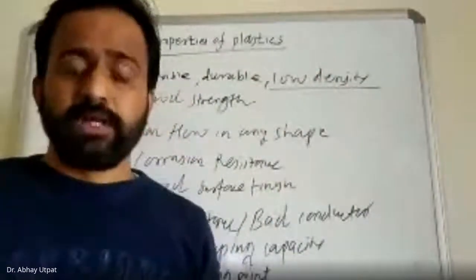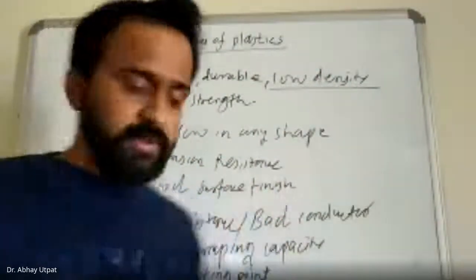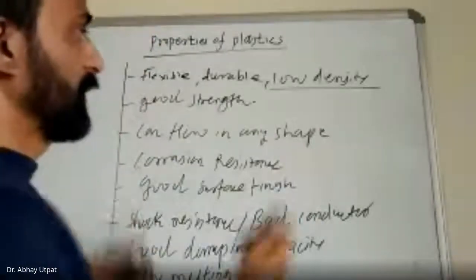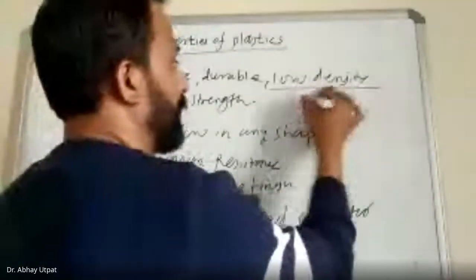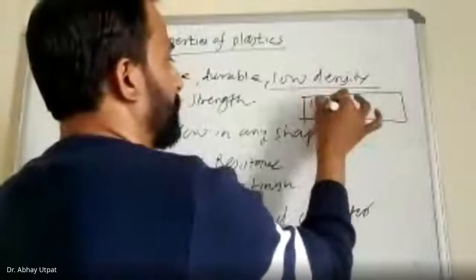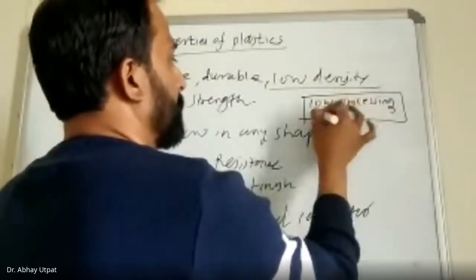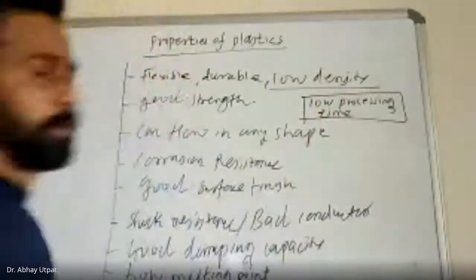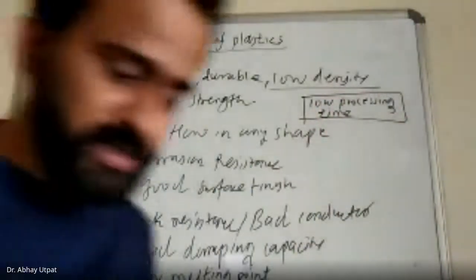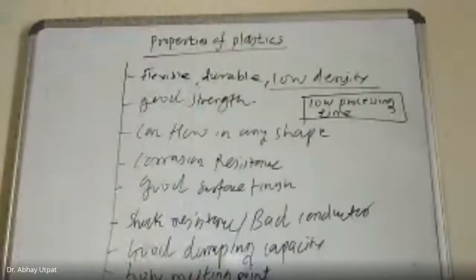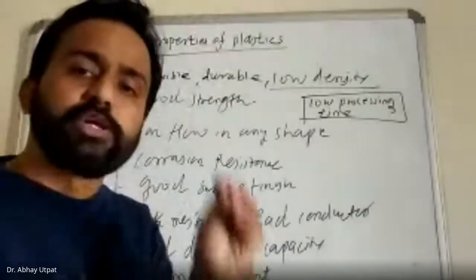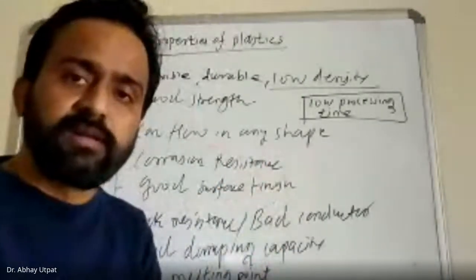Low processing time. Here I will write in the bracket. Low processing time means if you have decided to produce the component from plastic, it will be produced in the shortest duration as compared to other materials.